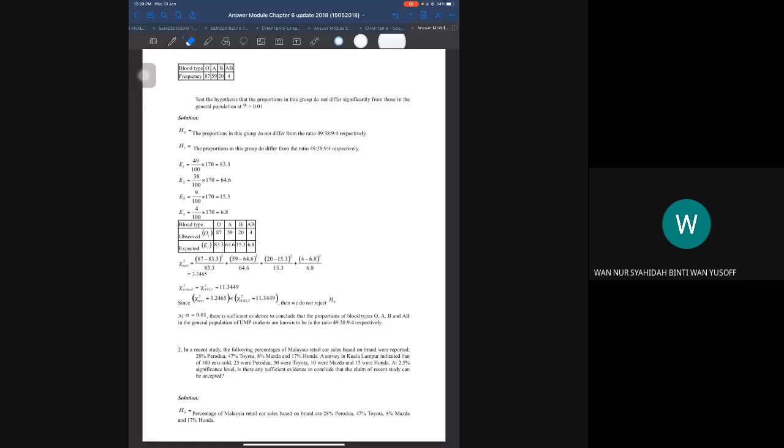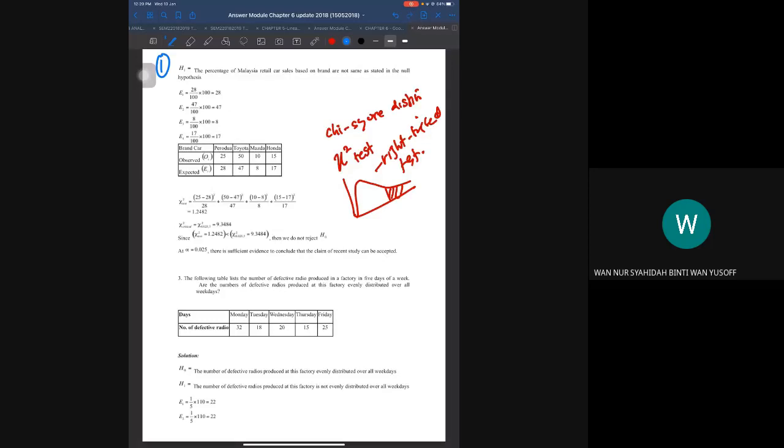So what you have here in the H null is the distribution, because we have the percentage of retail cars here. You just write back what your distribution is. That's your H0, and H1 is opposite to that: the percentage of Malaysians based on the brand is not the same as stated in the null hypothesis.